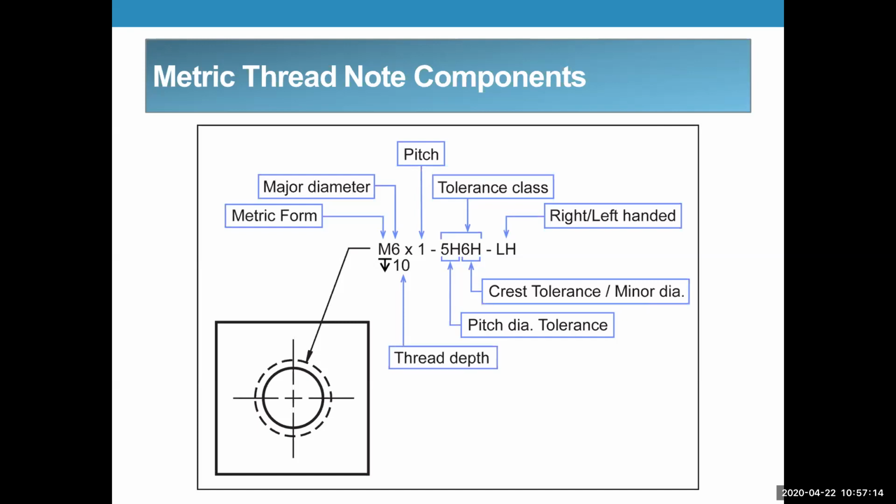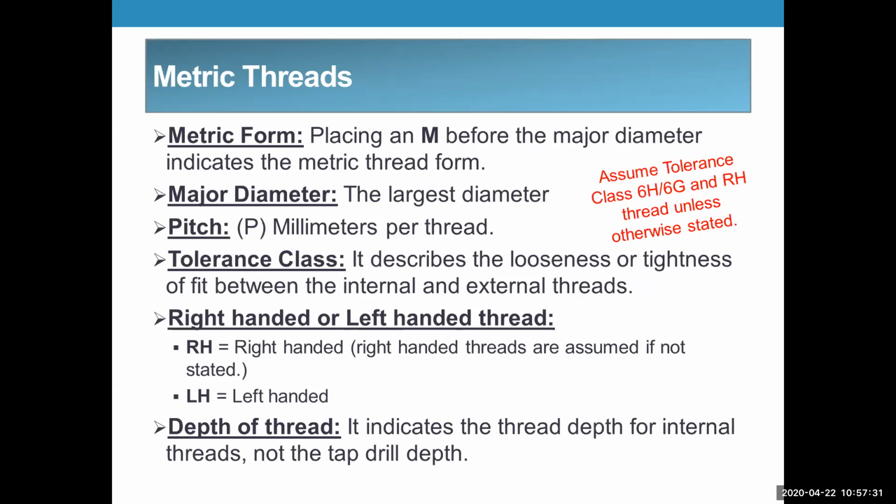And then again, the second line is the thread depth if it's not a through hole. If it does happen to be a through hole and it's tapped all the way through, then again, you should not need to call out the depth of thread. So again, we can go through some of this stuff, but let's look at tolerance class.